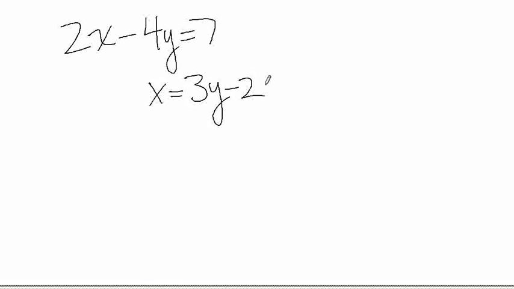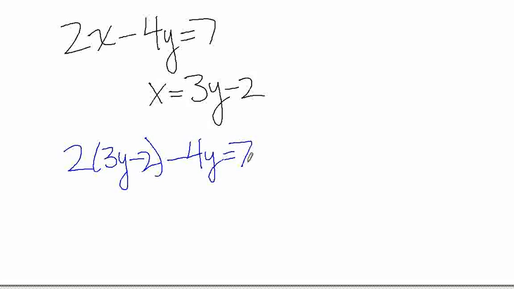So in the last example, I replaced y with an expression in x. For this example, I'm going to replace x with an expression in y. So the first equation, I'm going to rewrite it as follows. 2 times the equivalent expression, so 2 times 3y minus 2, minus 4y equals 7.